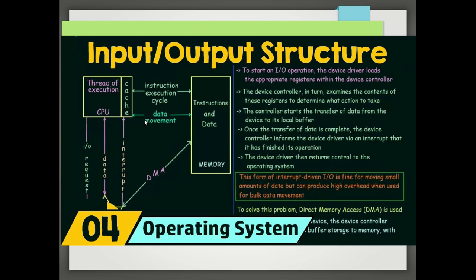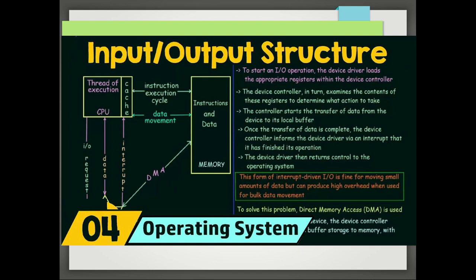Now this is a typical interrupt driven input output, and it is okay for a small amount of data exchange, but it can produce a high overhead when used for bulk data. So the solution for this is direct memory access. DMA frees the processor from unnecessary tasks.